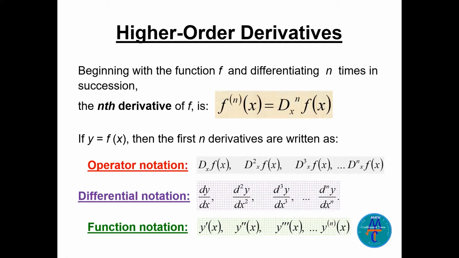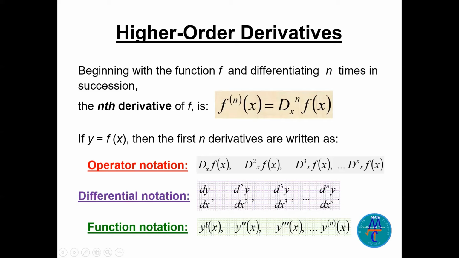Higher order derivatives. We can find higher order, like the nth derivative of the function. So we can write it here like this. Nth derivative of f. We can write it with capital D, x, f of x. We can write it in 3 ways, either operator notation or differential notation or function notation.